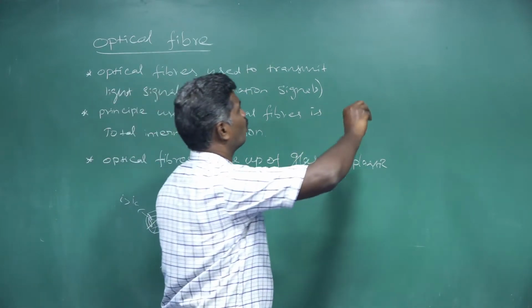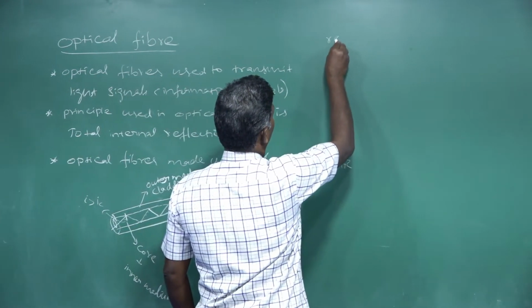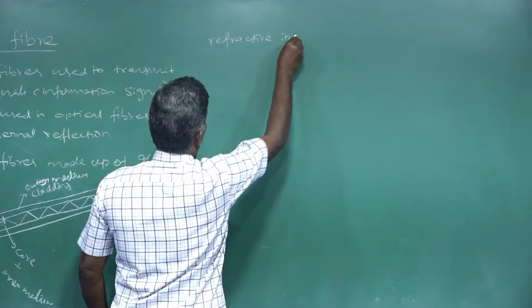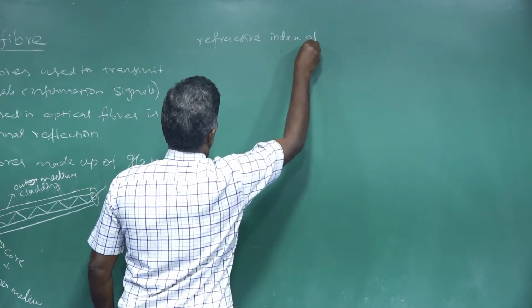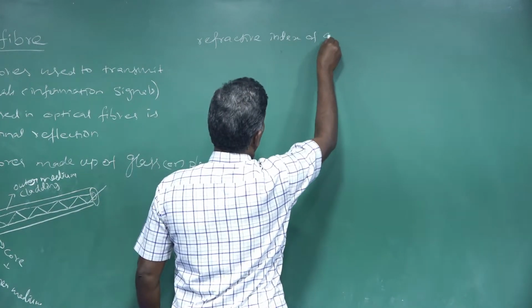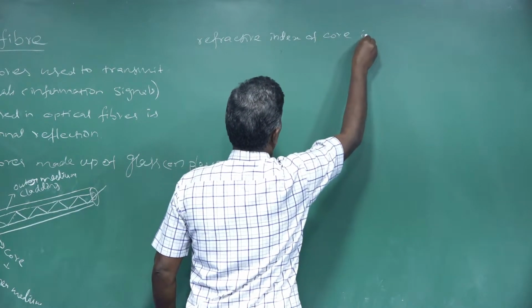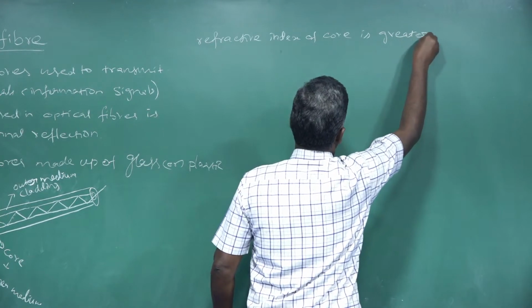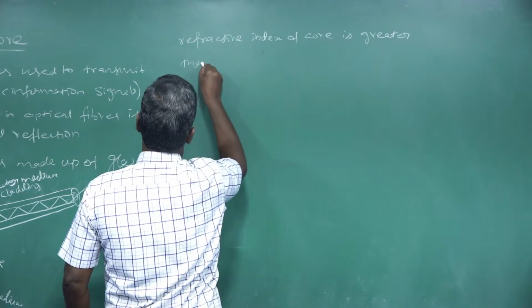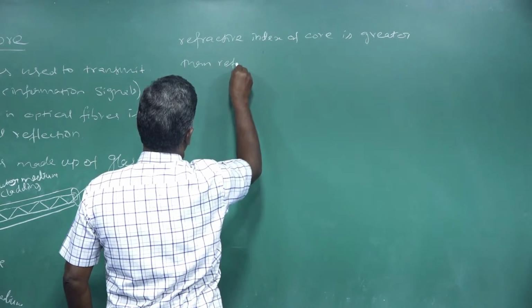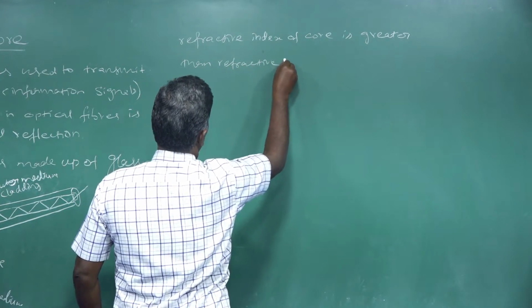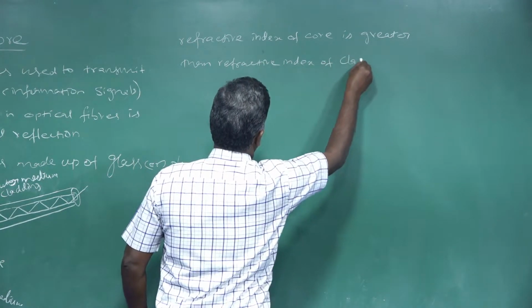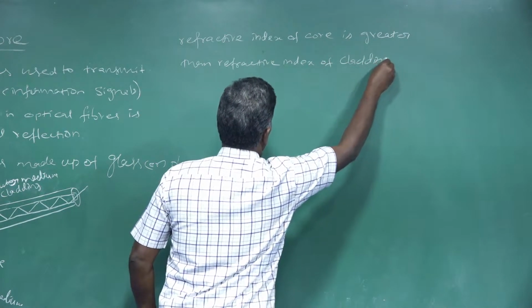The refractive index of the core is greater than the refractive index of the cladding.